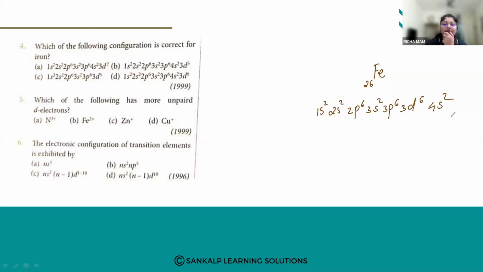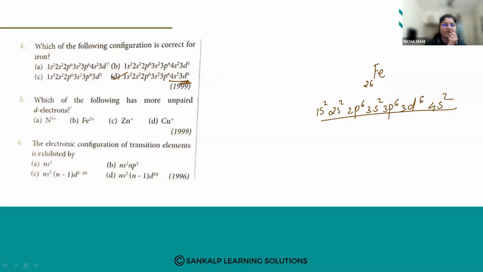So it is 3d6, 4s2. Which is the correct answer here? Option number D. Yes, Lubna has answered it right. For iron, which is 26, when we fill up the electrons, this is the correct configuration.